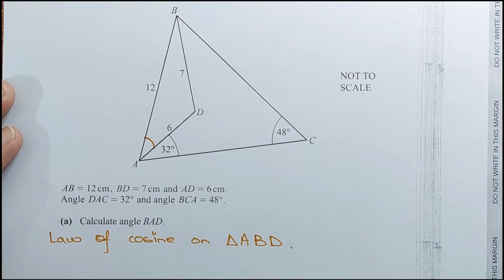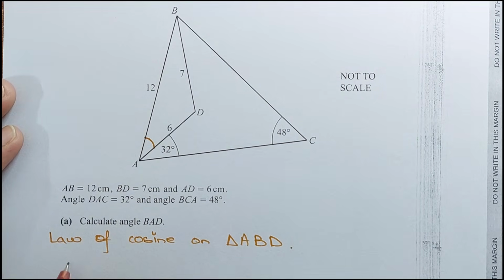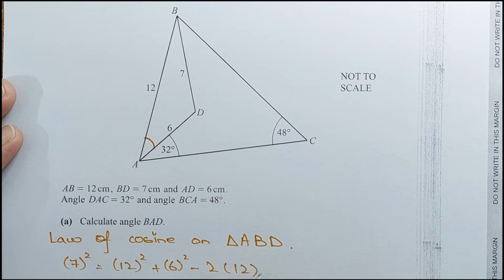According to the law of cosine, angle A we need to measure, so its front side is 7. So take 7 squared equals the other two sides, 12 and 6, minus 2 into 12 into 6 and cos of that angle A.